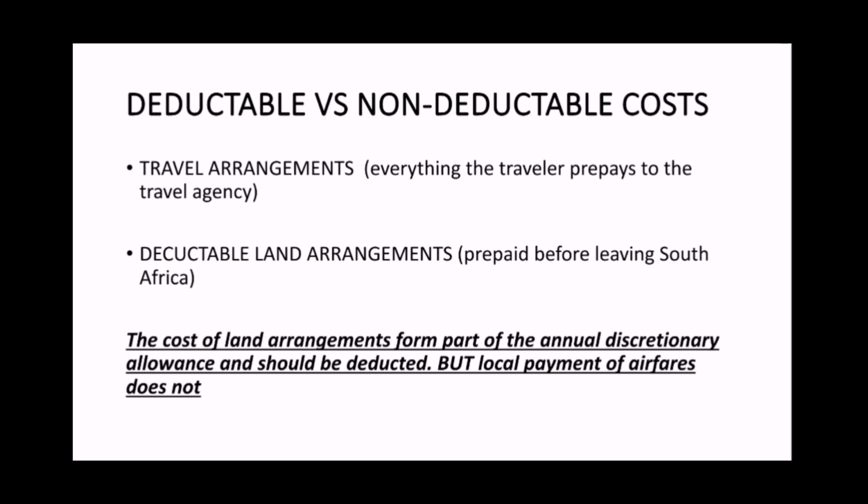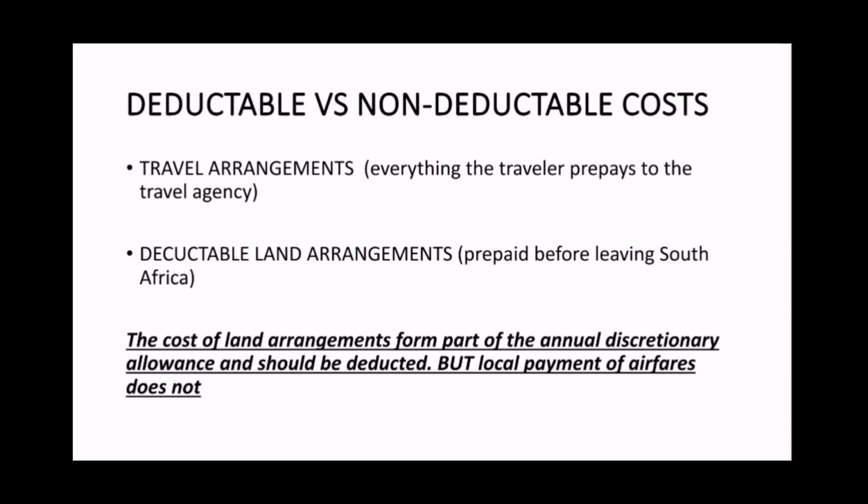Travel arrangements is defined as everything that the traveler pays to the travel agency. So everything including your flights, your visa application, your insurance, your accommodation, your sightseeing, transfers, anything that your travel agency is charging you for or is helping you with falls under travel arrangements.